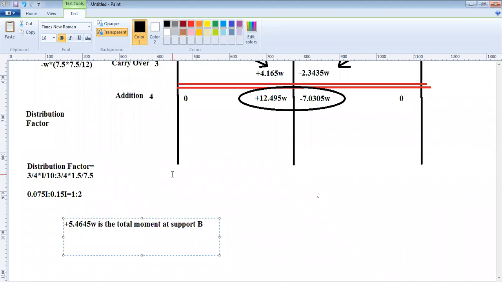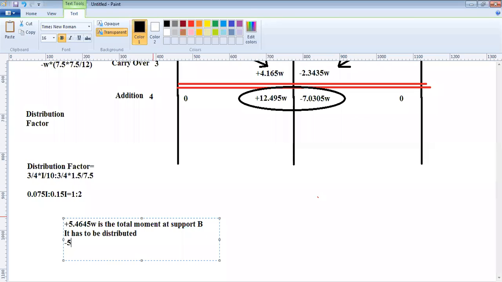To calculate the actual moment at support B, it has to be distributed. Now, how do we distribute it?